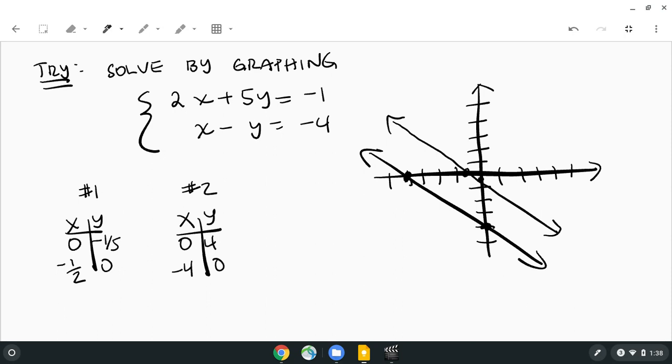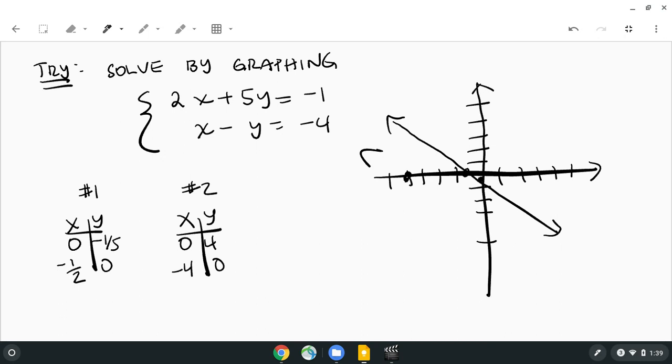I think one of these is wrong. Hold on a second. 2x plus 5y equals -1. X minus y equals -4. When x is 0, -1/5. When y is 0, -1/2. When x is 0, +4. When y is 0, -4. 0, 4. Ooh, I graphed the wrong point. 0, 4.